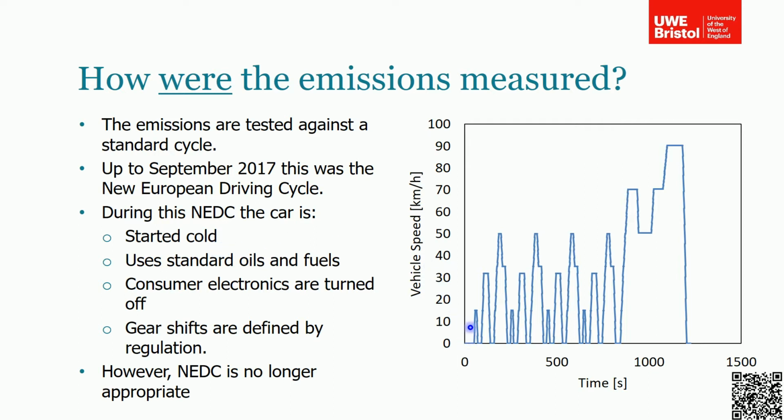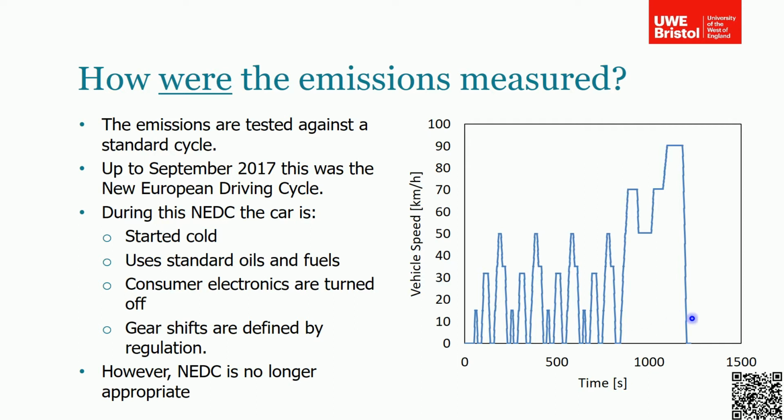It's then brought into the test house, and either a robot or a qualified human driver drives against this cycle. So you can see here you've got vehicle speed against time. And what they do is they just drive along this cycle, and they're told when they have to shift gears to stay on this curve.